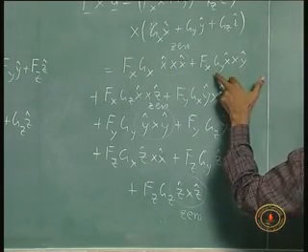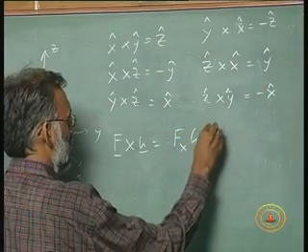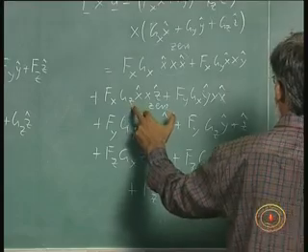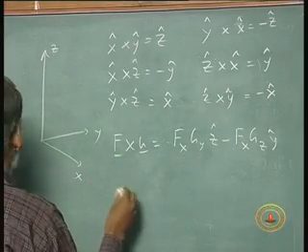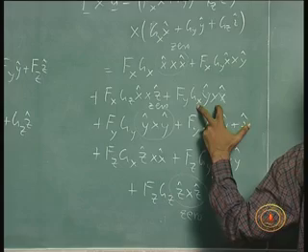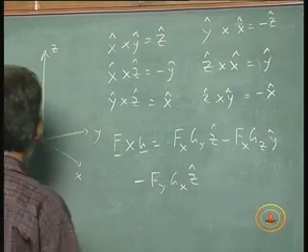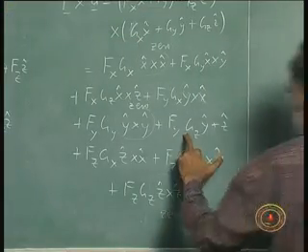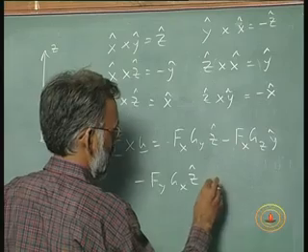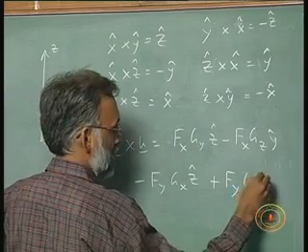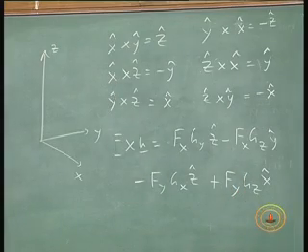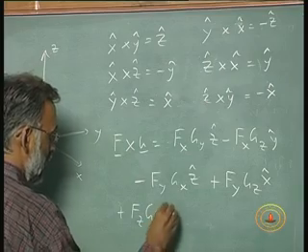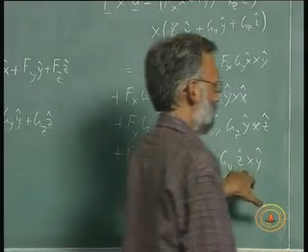Fx gx goes away, fx gy along z minus fx gz along the y hat direction, then fy gx, y cross x is minus z along the z direction, fy gy, there is no cross product, fy gz, y cross z is x, fz gx, z cross x is y, fz gy, z cross y is minus x.